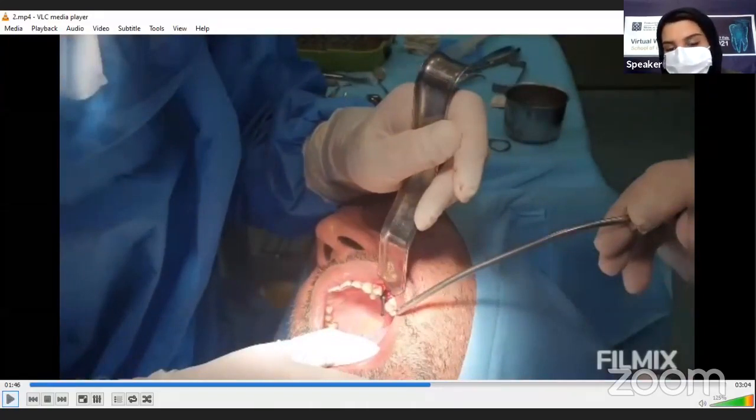Direction of drilling must be evaluated by a parallel pin, and when we are certain the direction is correct, then we do the final drilling.